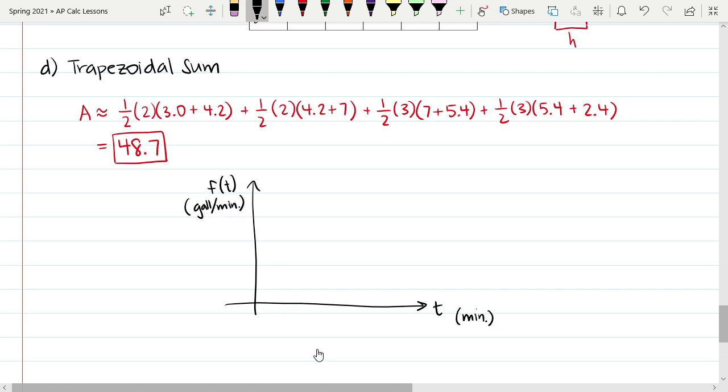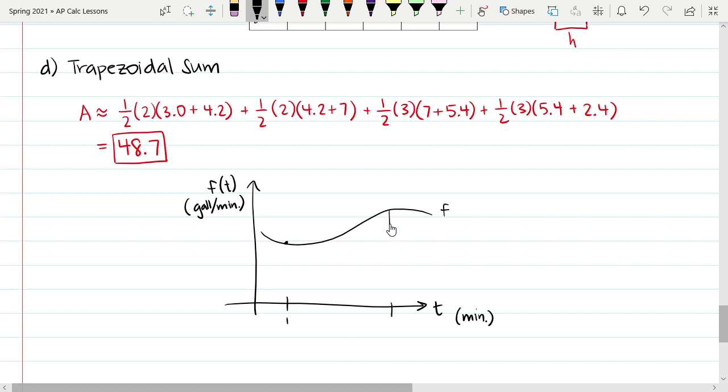So maybe it's the rate at which water is filling up an aquarium. Well, in this case, the function represents the rate at any given time. So at time maybe 1, the water is filling that aquarium at that particular rate in gallons per minute.